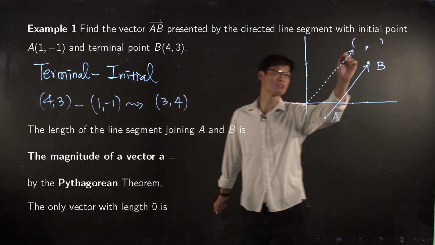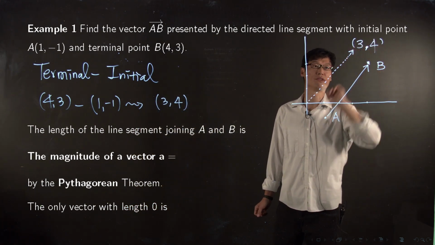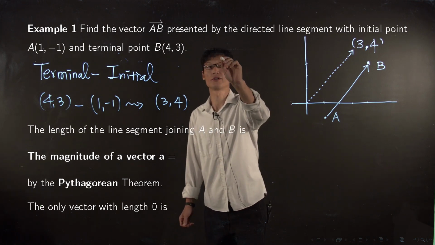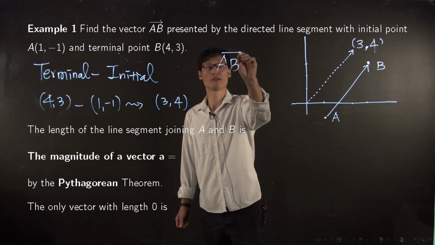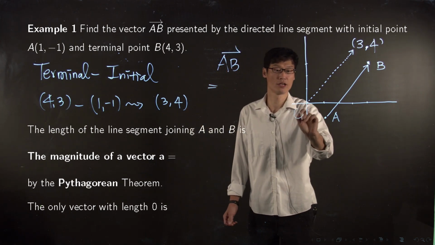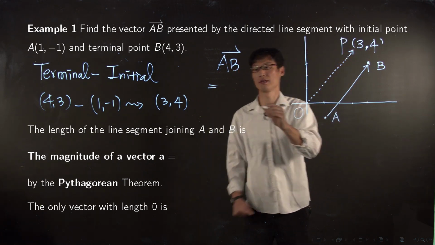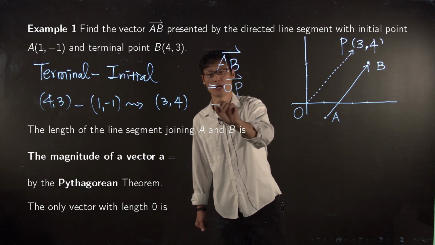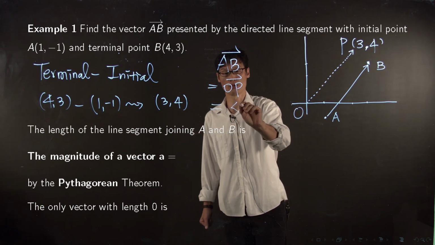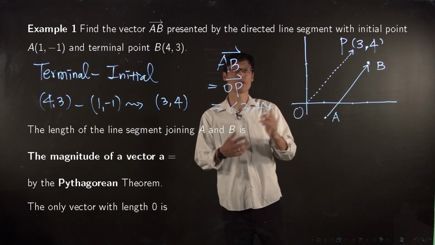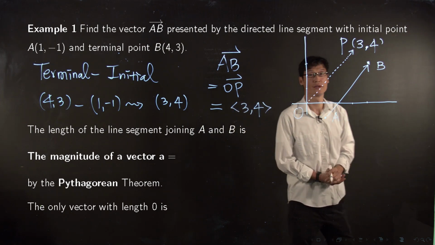That's it. So this coordinate is 3, 4. Let me call this terminal point P. Then the vector AB is exactly OP. Now that we know this terminal point, we can use bracket notation, and this vector is just ⟨3, 4⟩.